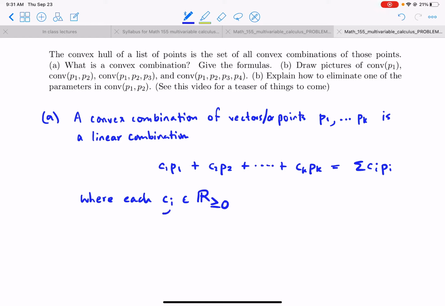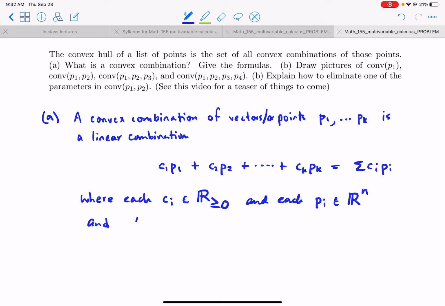It's not a vector. CI is not a vector. And each PI is a vector. So this is saying that each of the P's is a vector, and each of the C's is a real number that is non-negative.